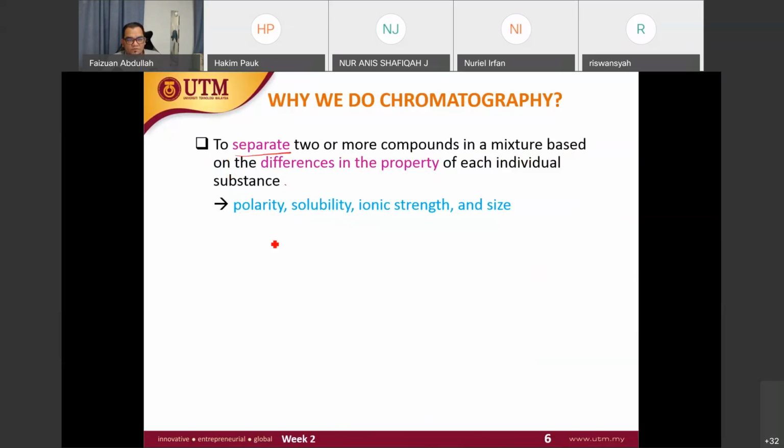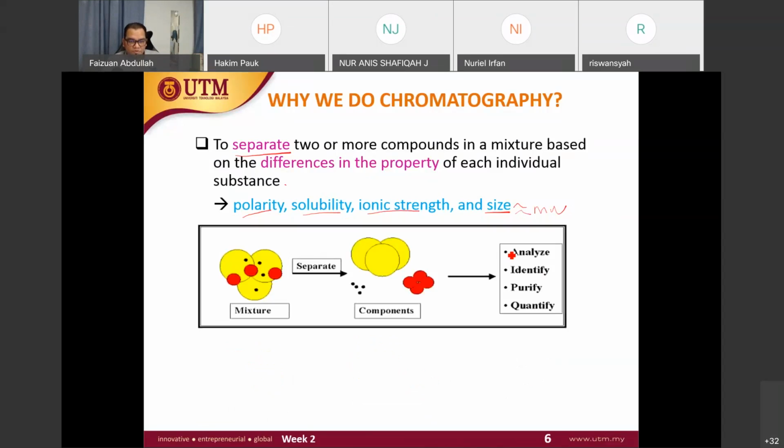What are the properties of the individual substances which are different? Polarity, as you have said before, solubility, ionic strength, and size. Size is related to the molecular weight, right?